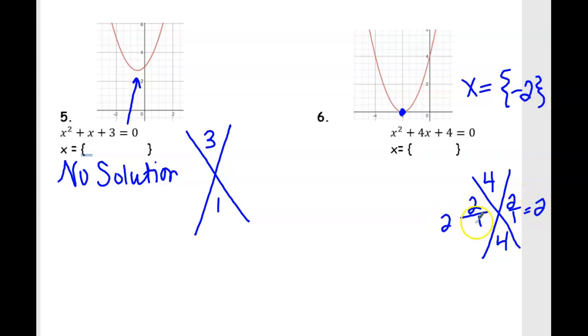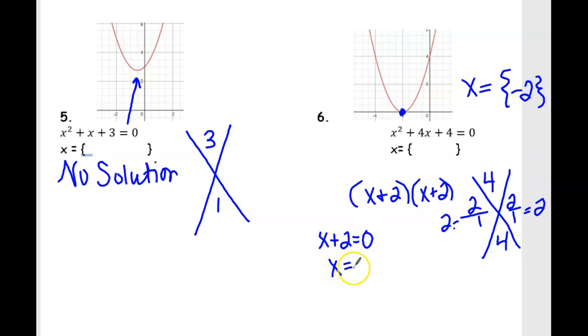So our two binomial factors would be x plus 2 times x plus 2. Setting either one of those to 0, x plus 2 equals 0, we end up with our x is -2 in both cases. So this is an example of having only one solution because they would both be the same. So it's just -2.